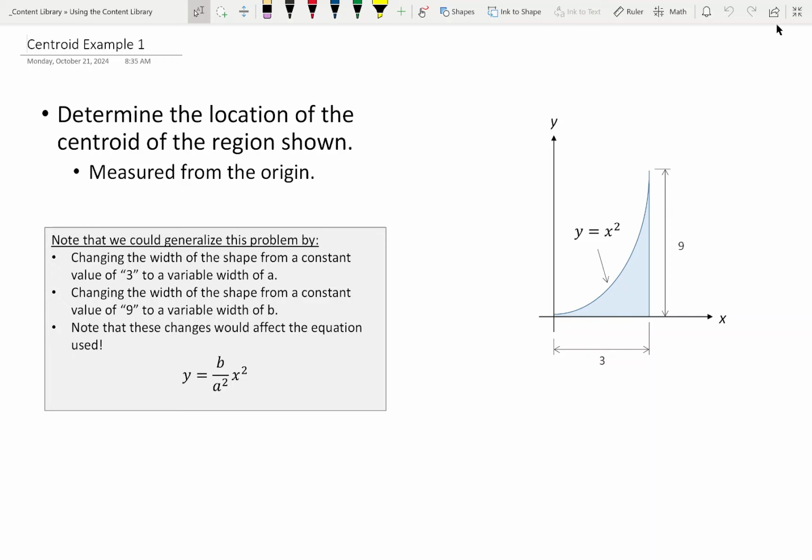Okay? And what we're going to be doing today is essentially this. So we're going to be figuring out where x bar is and y bar is. Okay? Now, x bar is going to be the integral of x dA over the integral of dA. And y bar is going to be the integral of y dA over the integral of dA.